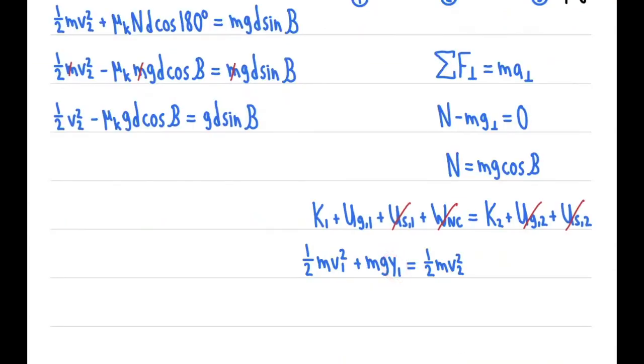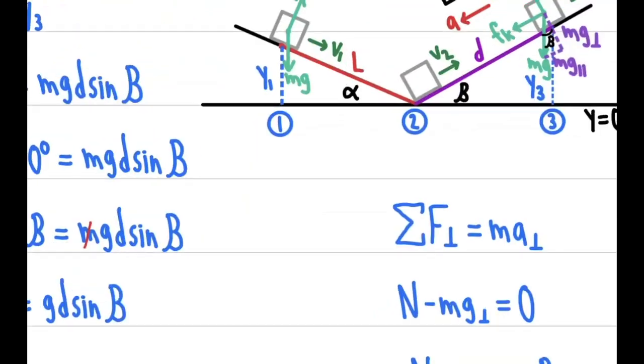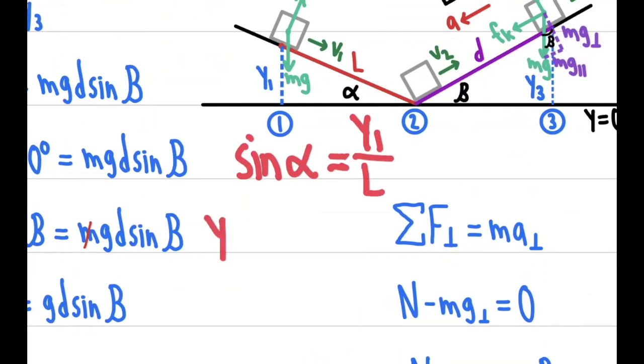y1, we don't know that, but we can write it in terms of alpha and L, which we do know. We know sine of alpha, it's opposite, which is y1, over hypotenuse, which is L. So if you multiply both sides by L, you get y1 is L sine alpha.